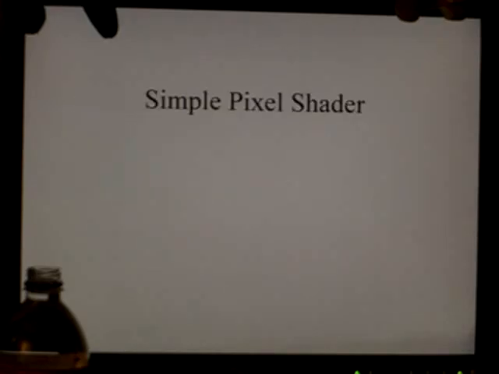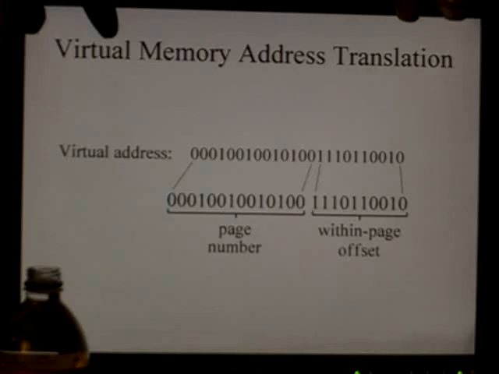All right. Well, I've walked through the basic operation of what has to happen at runtime with the pixel shader with all those illustrations, but now we need to actually translate that into code. So here's one thing that you can think about as an example of how this might work. This is how virtual memory works. There's this virtual address, and the hardware needs to do this very, very fast.